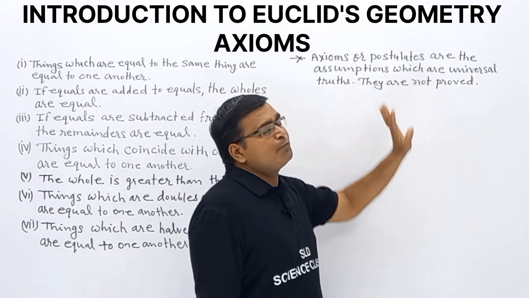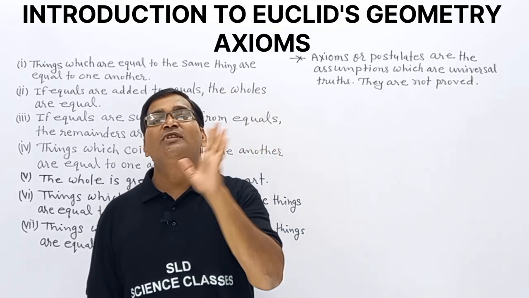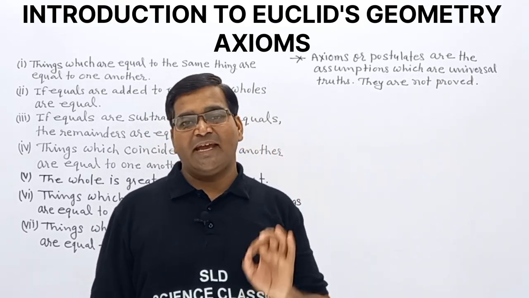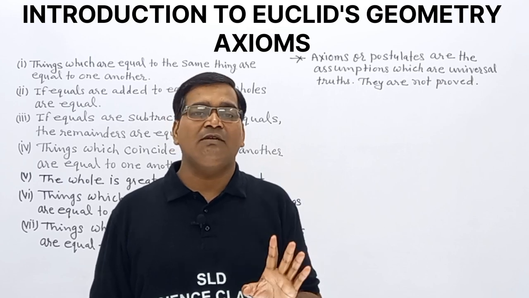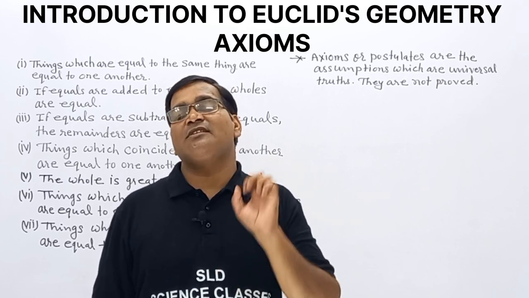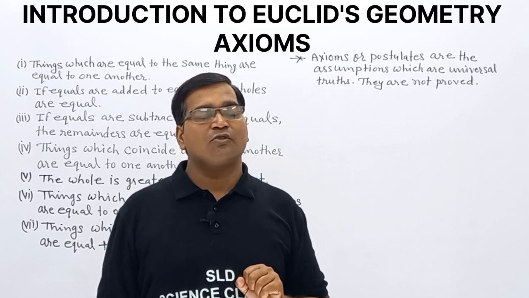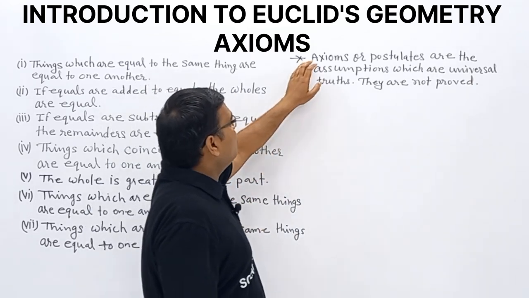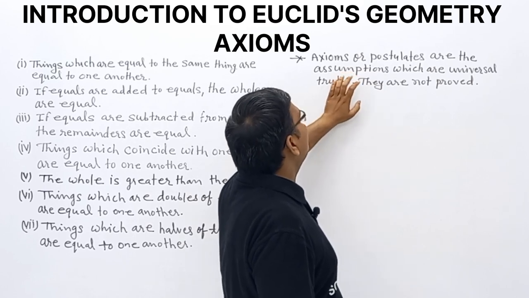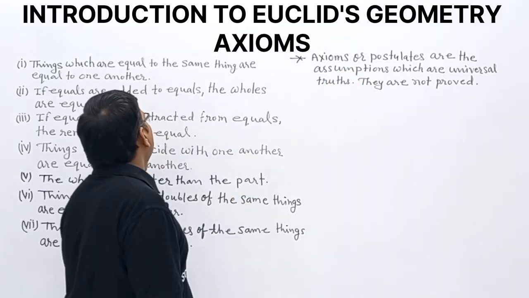They are not proved. We cannot prove these statements. So axioms are assumptions which are universal truths.